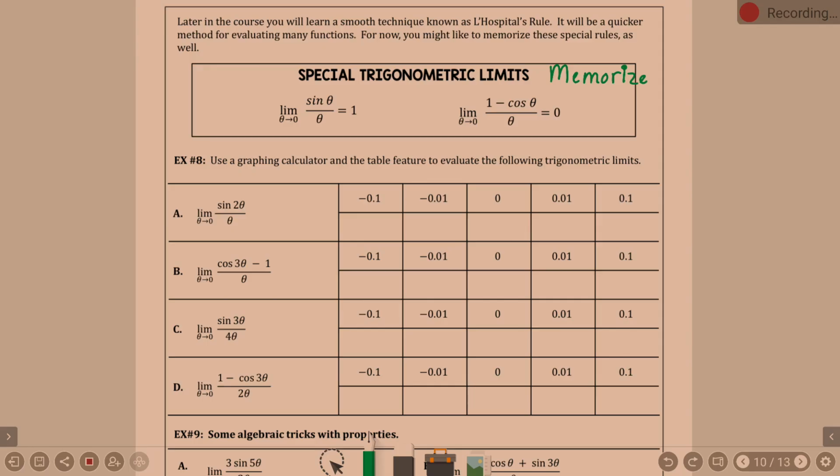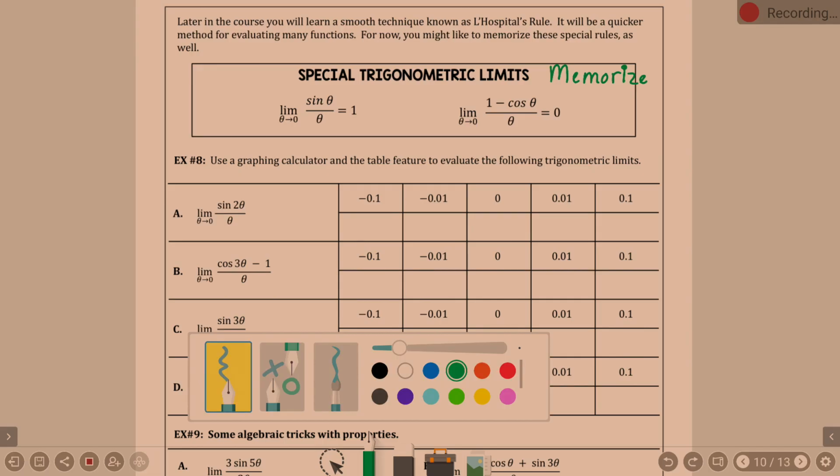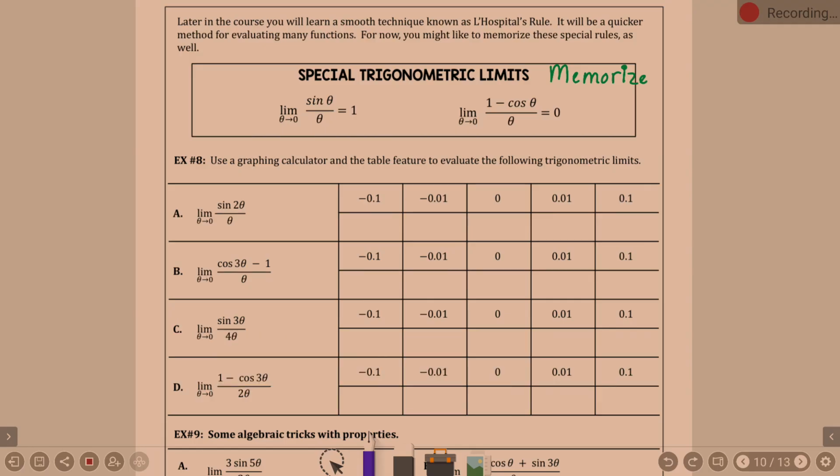I trust you. I'm just going to go with I'll tell you the values if you don't mind. Let's look at the first one. The limit as theta approaches 0 of sine of 2 theta over theta. Now I'm going to fill in these boxes. And I have them each to 3 decimal places, it appears.